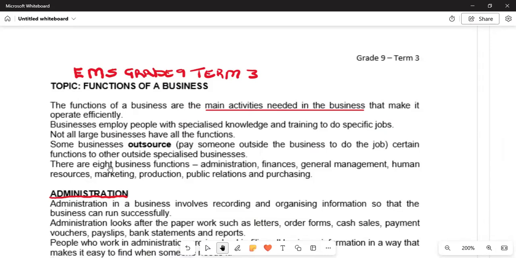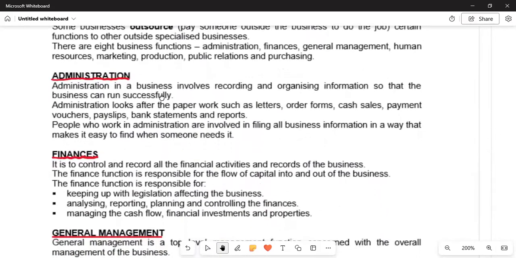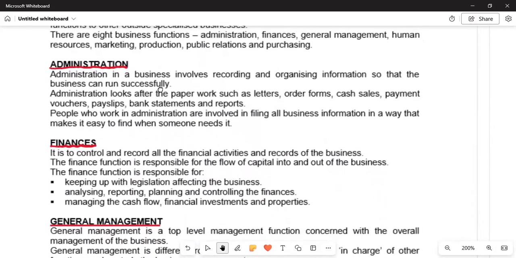We are going to talk about the 8 functions, which are administration, finances, general management, human resources, marketing, production, public relations and purchasing. We are first going to start with administration as one of those functions.